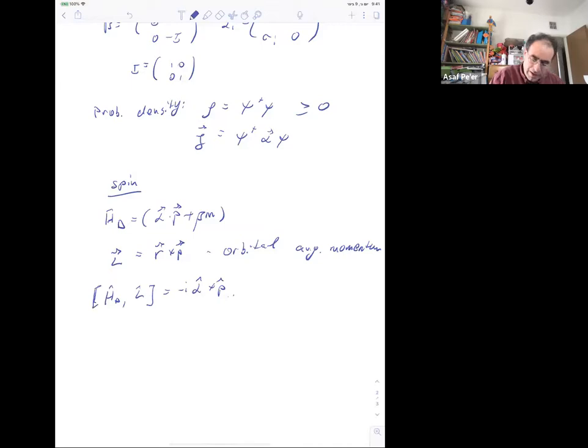At first that sounds like a surprise, because we know that both in classical mechanics and in quantum mechanics, angular momentum is conserved.